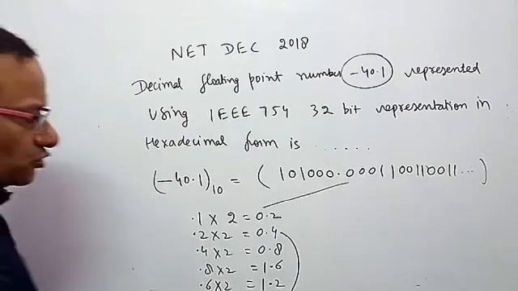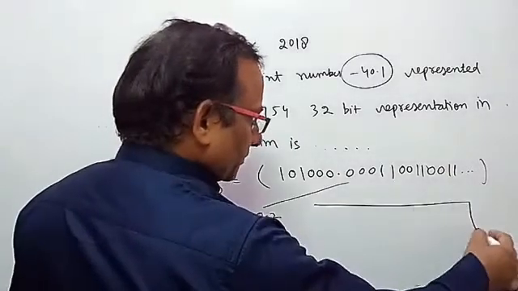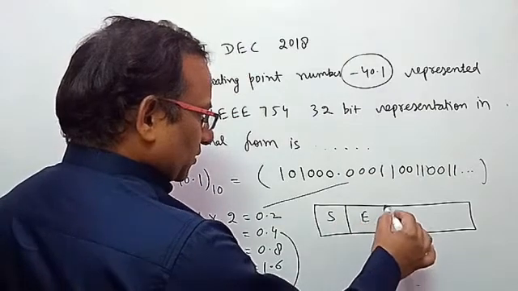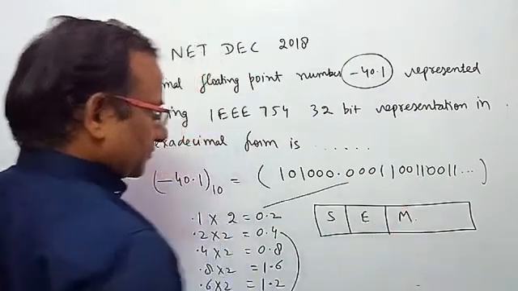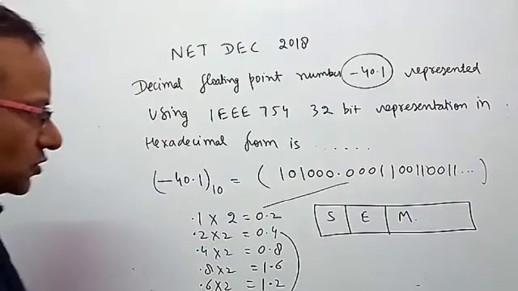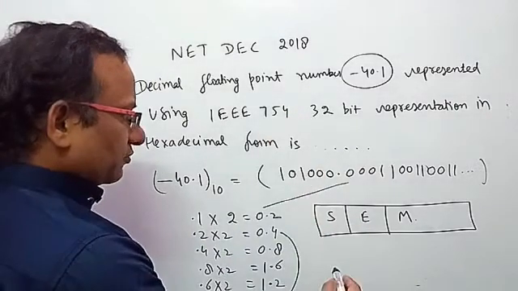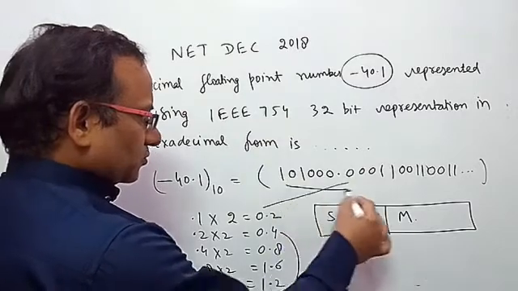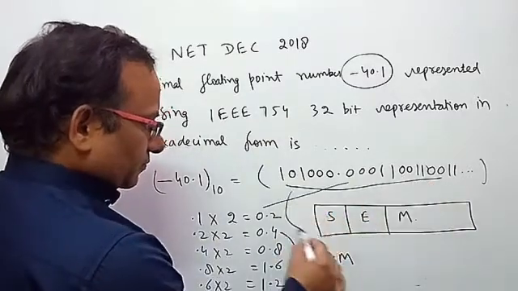So let's represent in this form: sign, exponent and mantissa. The standard form in IEEE 754 is 1 dot mantissa. Let's convert this into 1 dot mantissa.